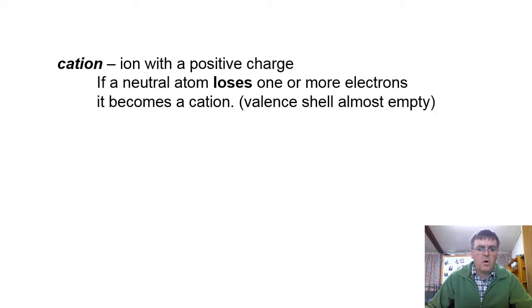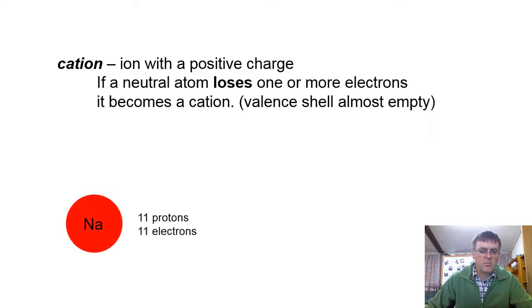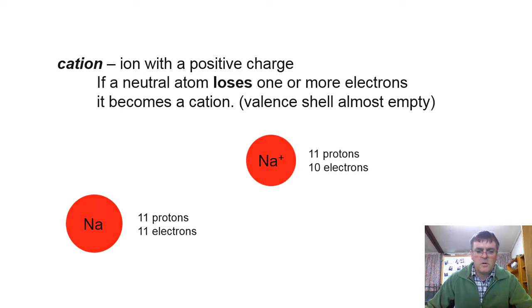So an ion with a positive charge, if it loses 1 or more electrons, becomes a cation. That means its normal valence shell is almost empty. So these are things like the metals on the left hand side of the table. So for example, sodium, 11 protons, 11 electrons, it's going to lose 1.